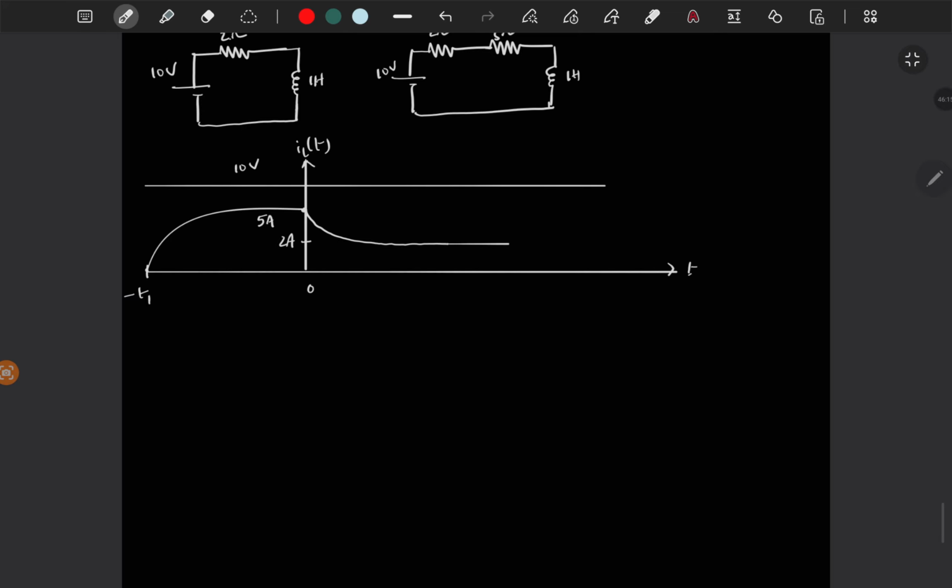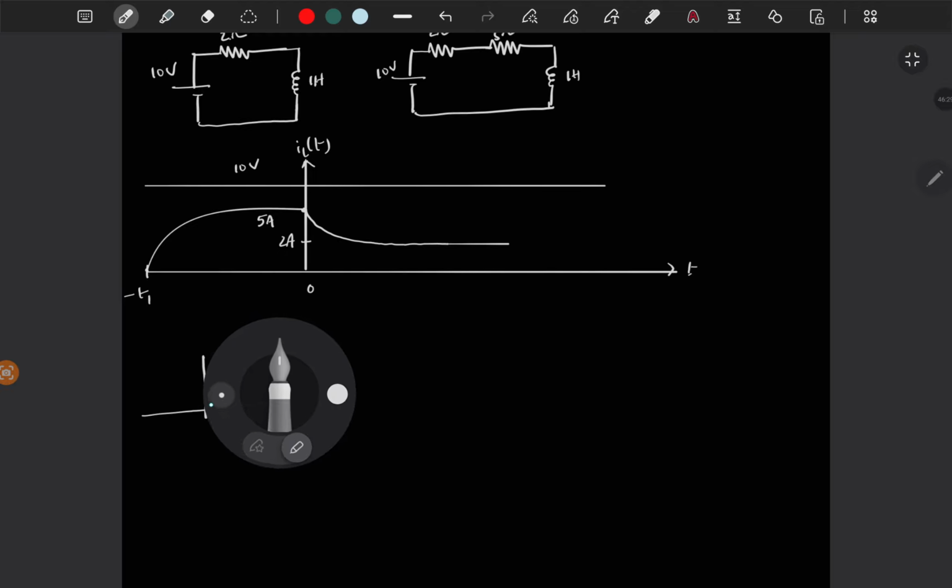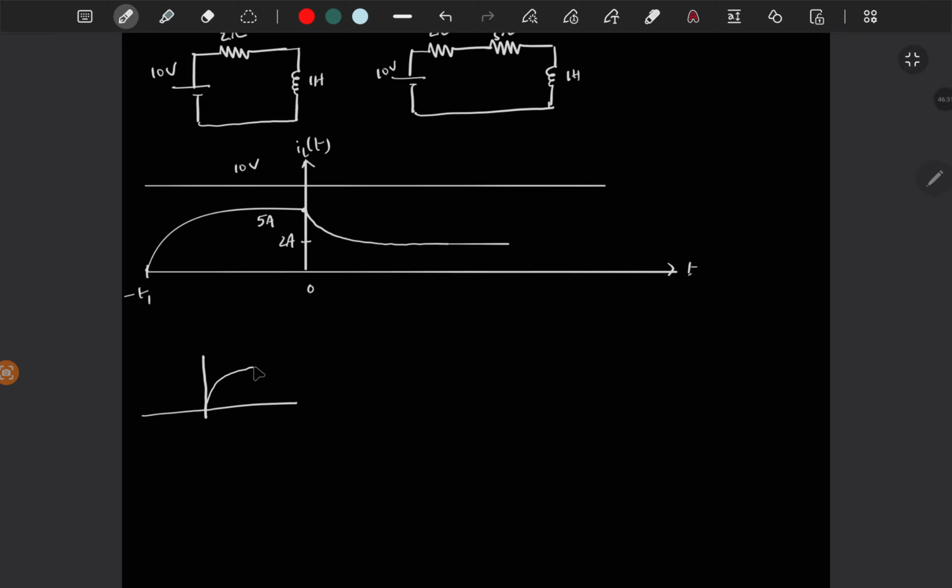If you want to write the mathematical equation for this, we know this equation, which is, let's say this is right shifted now, 5 times 1 minus e power minus t by tau.